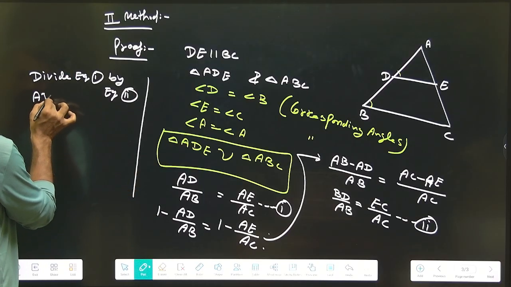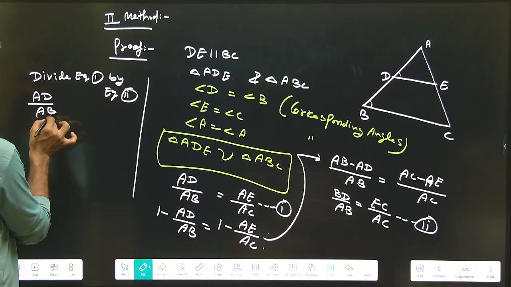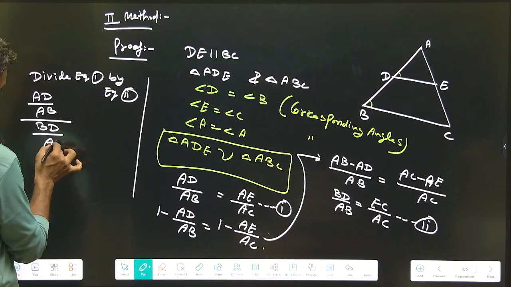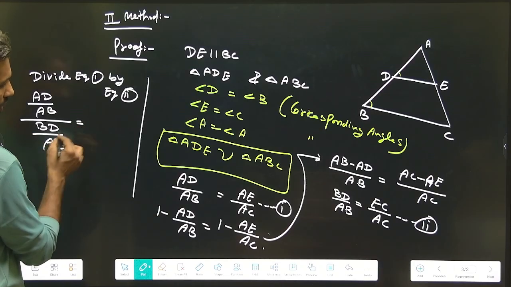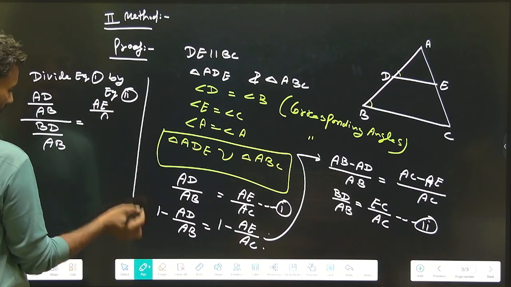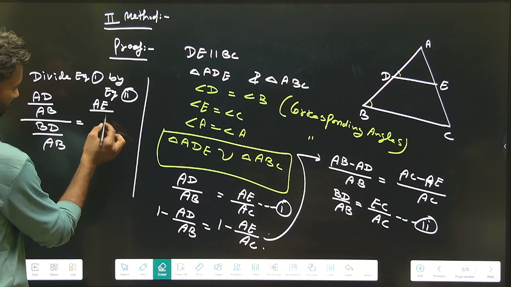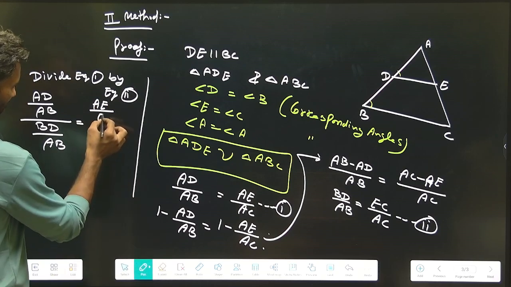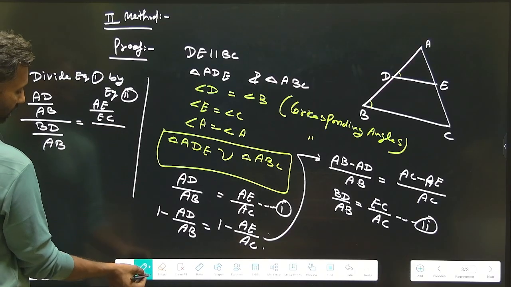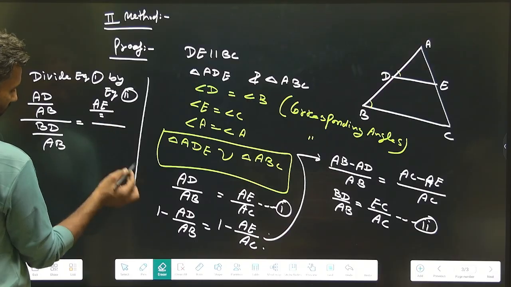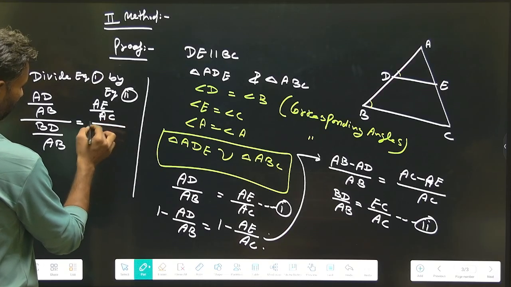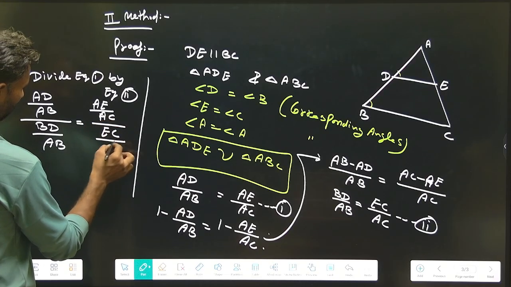AD upon AB divided by BD upon AB equals AE upon AC divided by EC upon AC.